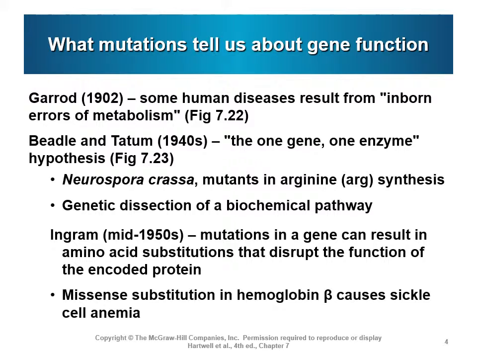It's caused by a missense substitution in hemoglobin beta, and the missense substitution is a substitution of amino acids where one amino acid is substituted by another amino acid that has absolutely different physical properties. For example, a hydrophobic amino acid is substituted by a hydrophilic amino acid, or an acidic amino acid is substituted by a more basic amino acid.